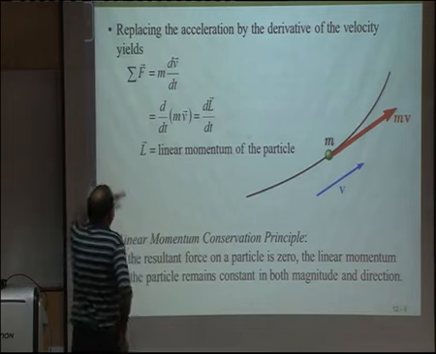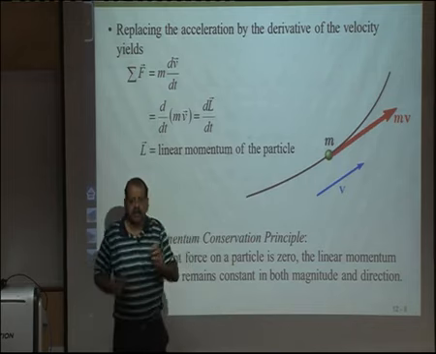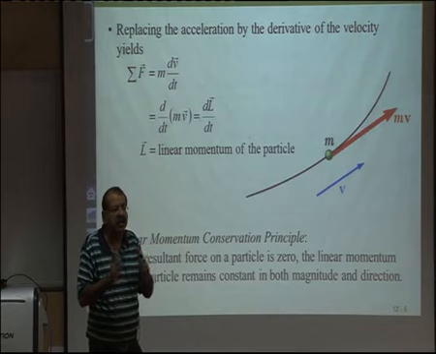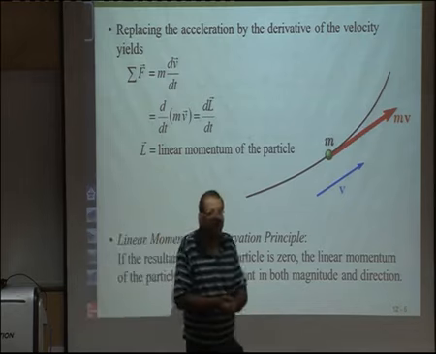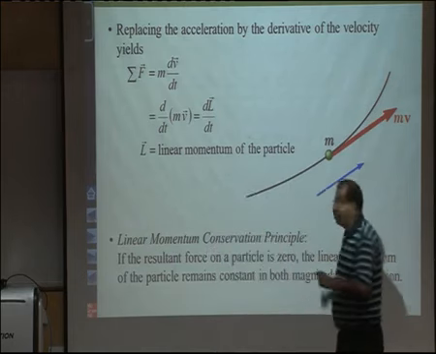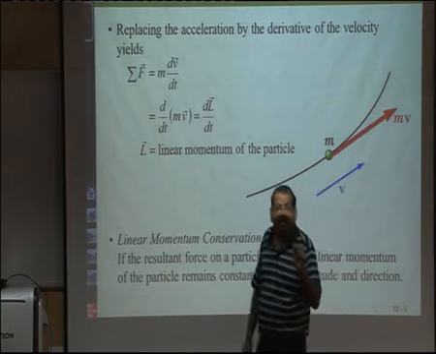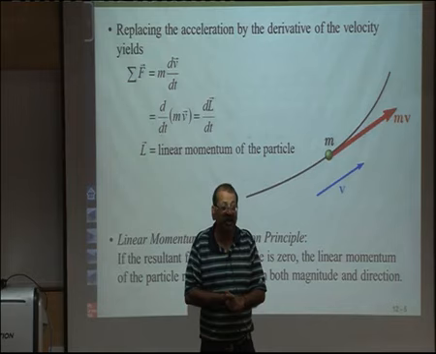So, now we have dL by dt is equal to the sum of F. If the sum of forces is equal to 0, what does that mean? That dL by dt is 0. That is what gives rise to the principle of conservation of linear momentum. Whenever we use conservation of linear momentum, you cannot use it if external forces are not equal to 0.